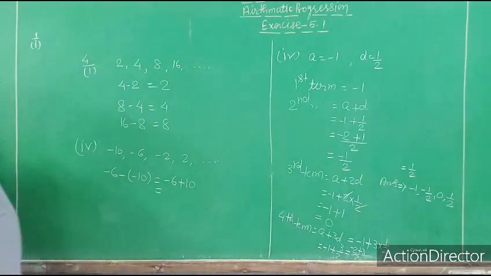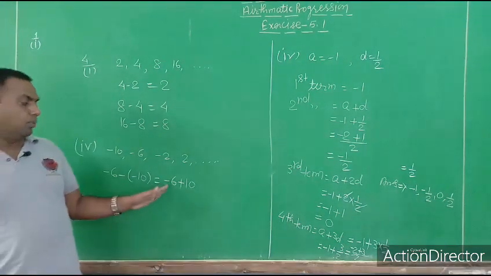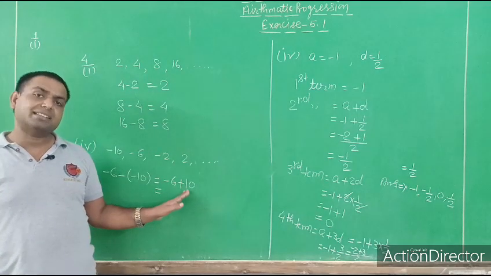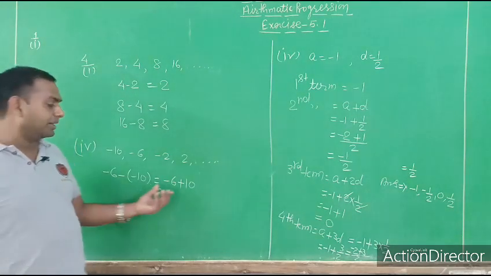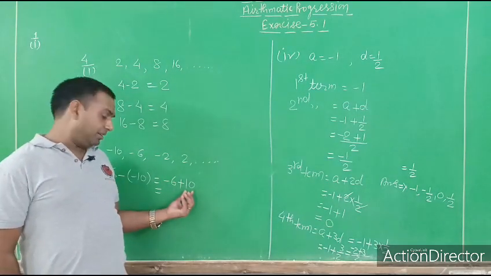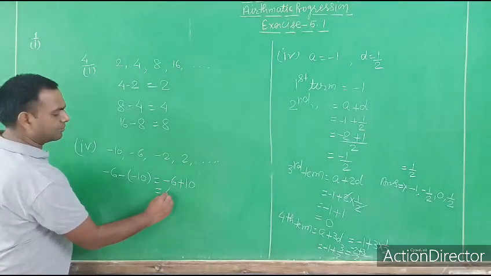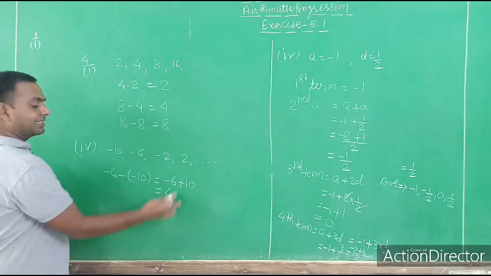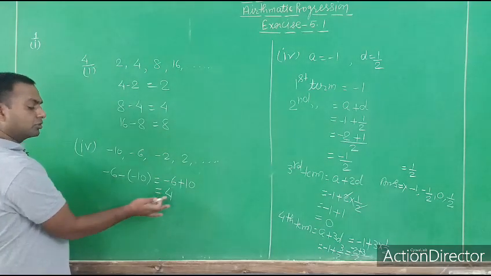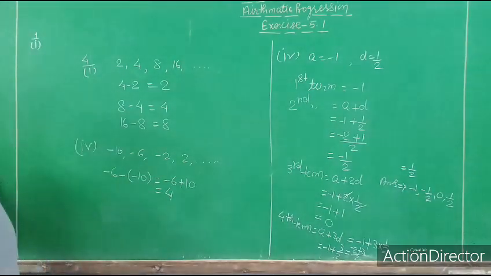Minus 6 plus 10. Here you see both have opposite signs. In the case of opposite signs, you subtract the lower number from the higher number. So this is 10 minus 6, it is equal to 4, and the sign of 10 is positive, so it is plus 4.